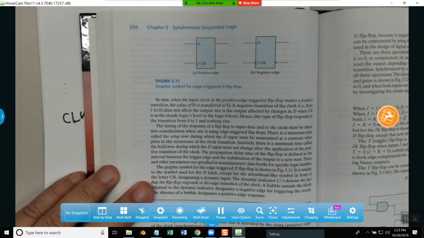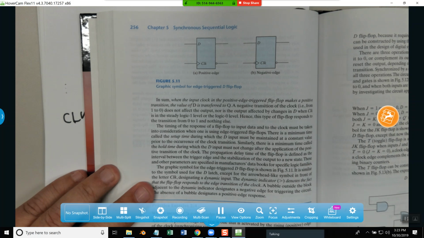Other than that, they look the same. Okay, dynamic indicator greater than denotes the fact that the flip-flop responds to the edge transition of the clock. Bubble outside the block, adjacent to the dynamic indicator, designates a negative edge for triggering the circuit. The absence of a bubble designates a positive edge.